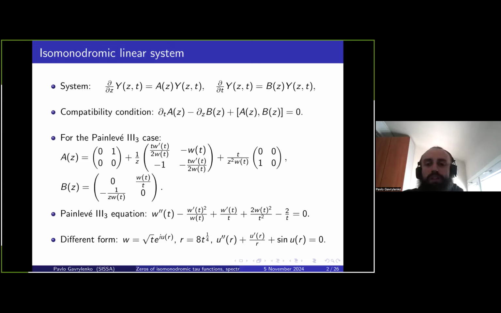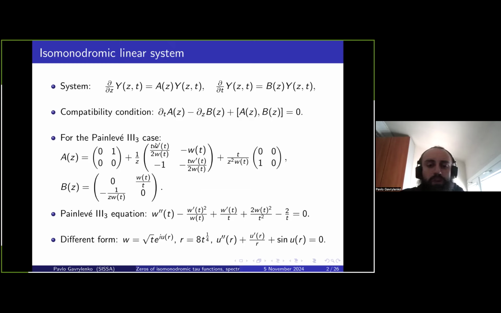So this second matrix is of this simple form, and if you write compatibility conditions of them, then it gives the following nonlinear equation for w, which can be written as the radial sine-Gordon equation with this change of variables.